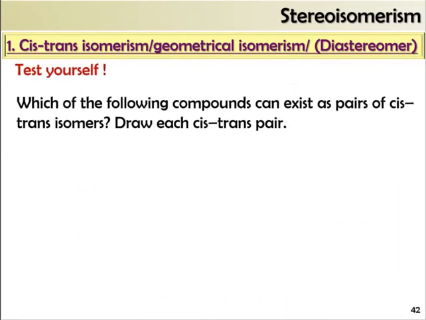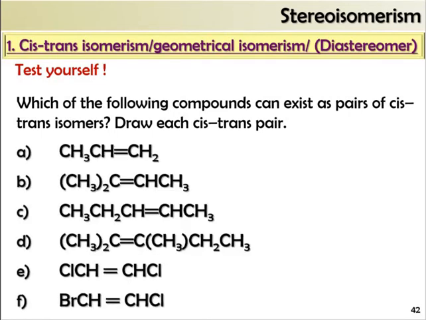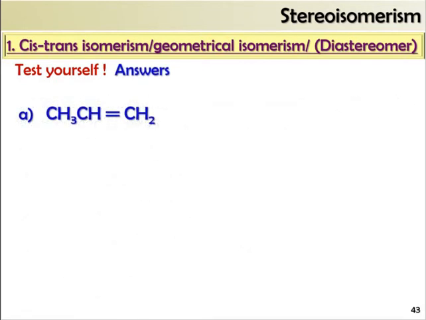Okay, so test yourself. Which of the following compounds can exist as pairs of cis-trans isomers? Draw each cis-trans pair. Okay, so this is the question. Okay, A. So first of all, tengok pada carbon-carbon double bond di sini.